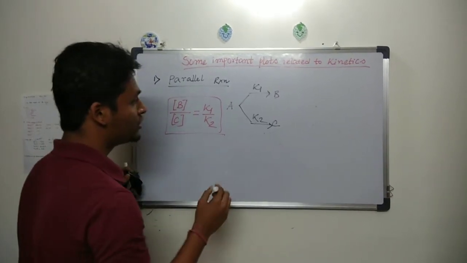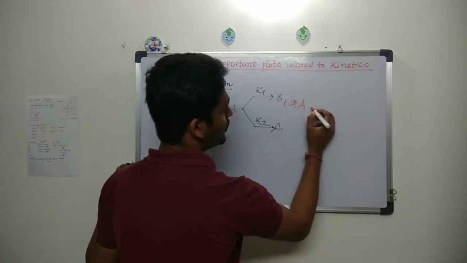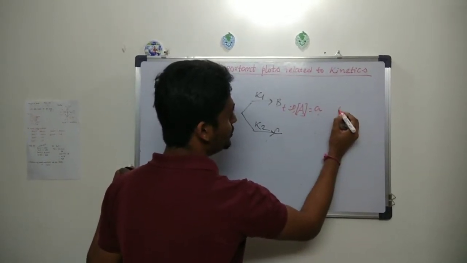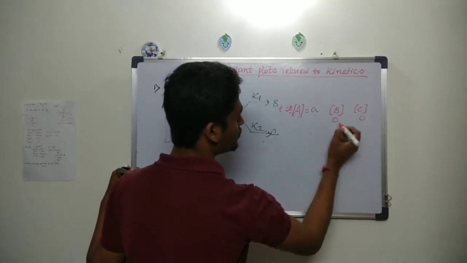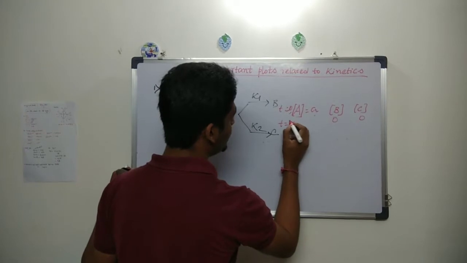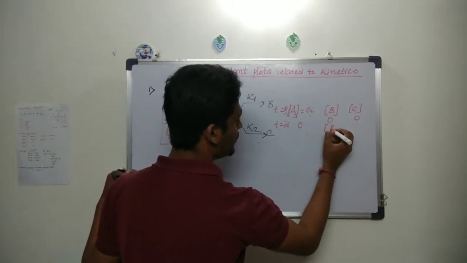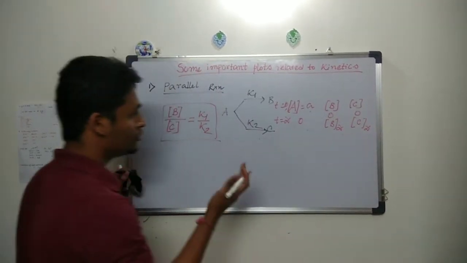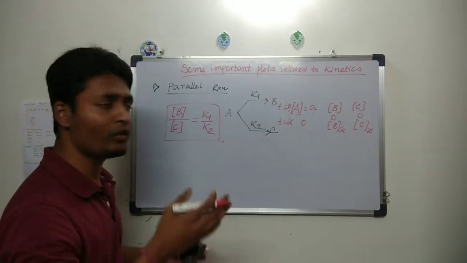And one more thing: at T equals 0, the concentration of A is A, and the concentrations of B and C at T equals 0 are 0, 0. But at T infinity, A is 0, and B is reaching B infinity and C is reaching C infinity. From A, B and C are forming.